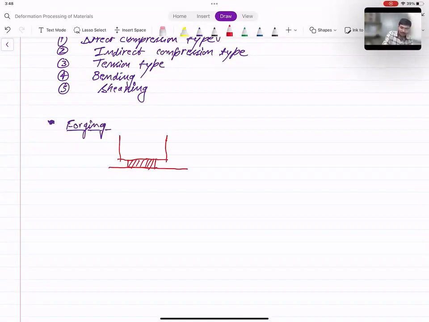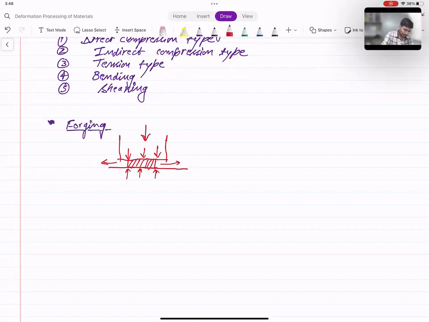I should not call it a die, it is basically a type of punch which is used to apply stress from the top or any other, it can be in any direction. So basically it applies force onto the surface of this workpiece, and this workpiece then flows in these two directions. Okay, so this operation is known as forging. Here you can see this is direct compression type process. So compressive stresses are being applied from the top and bottom.